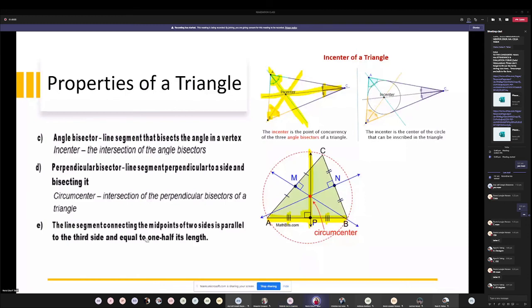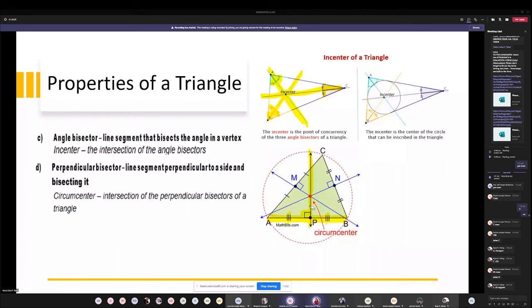Incenter and circumcenter. As you can see, there are circles drawn. For the incenter, there's a circle inside the triangle. For the circumcenter, there is a circle circumscribing the triangle, so it's outside the triangle.